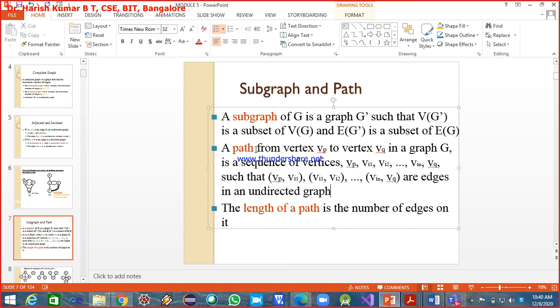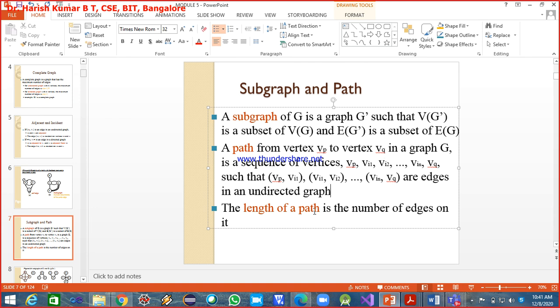If I say there exists a path from the vertex VP to VQ in an undirected graph, then there exists a sequence of vertices like this, which form a set of edges. If you want to reach VQ from VP, you need to travel along all these edges, and then you'll get into VQ.